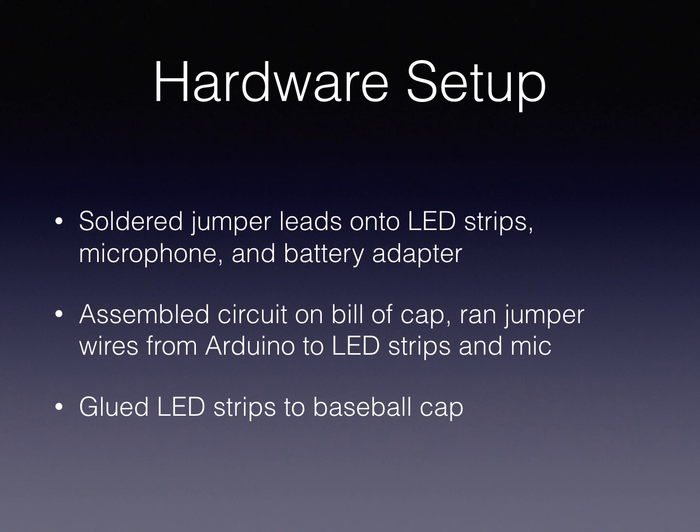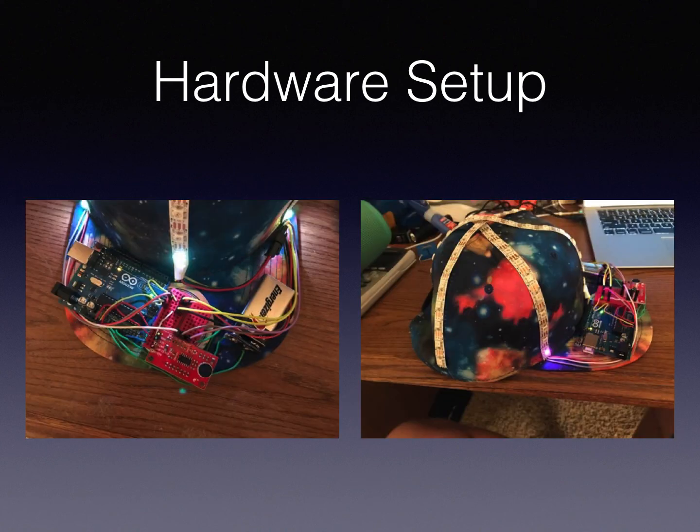Then I assembled the circuit completely onto the bill of the cap. I ran the jumper wires from the Arduino onto the breadboard, and then from the breadboard back to the LED strips and the microphone. Finally I just glued the LED strips onto the baseball cap, and that was the entire setup for the hardware. And this is what the final setup looks like.